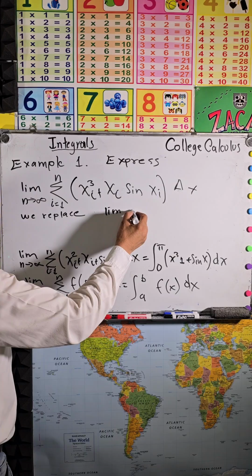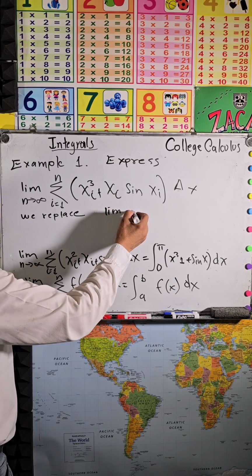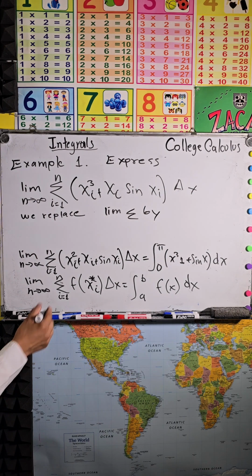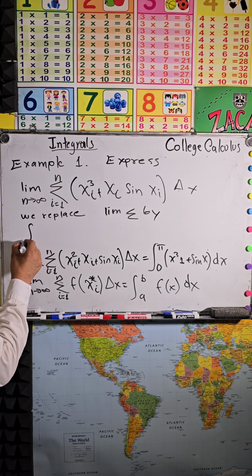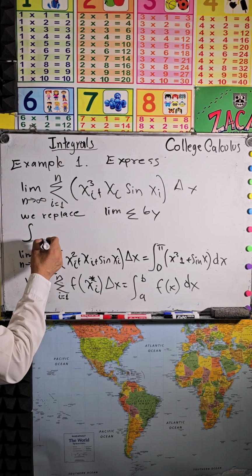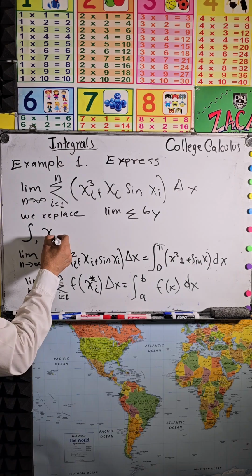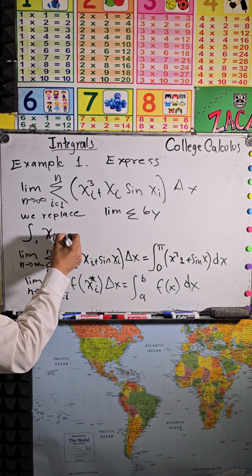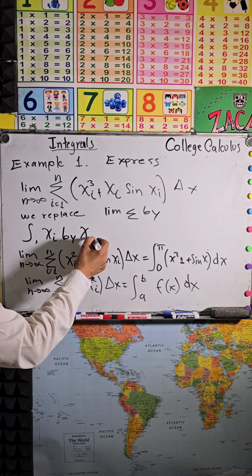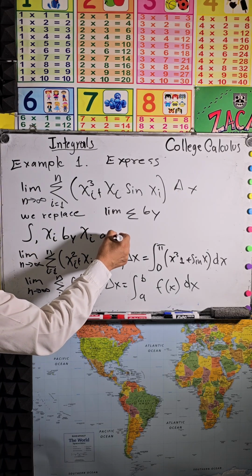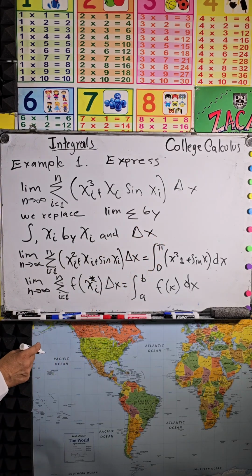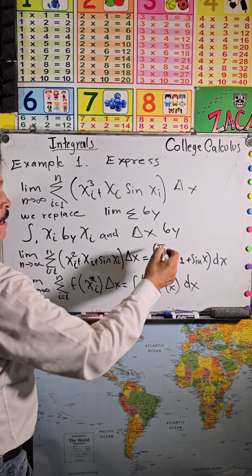We replace the sigma by the integral sign, x i by x, and delta x by dx.